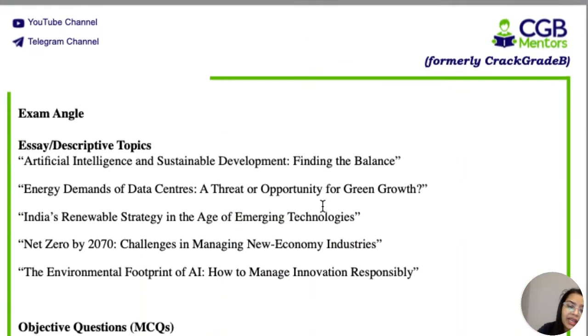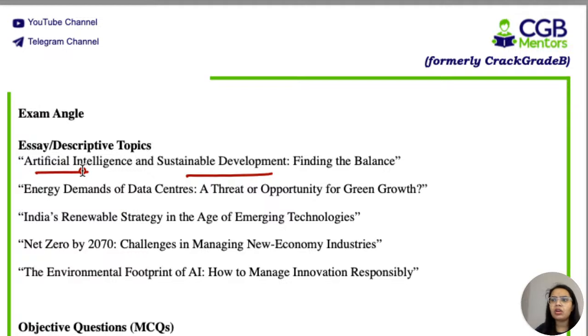Exam angle, you can get to see a variety of essays or something asked or RC based on this. So AI and sustainable development, if I'm just comparing this, if there is a student, an aspirant who has not read anything like what we read today, connecting the dot to sustainability, use and AI, it's going to be very difficult, because for a person who has no idea of what we just read, they'll think AI is just technology.